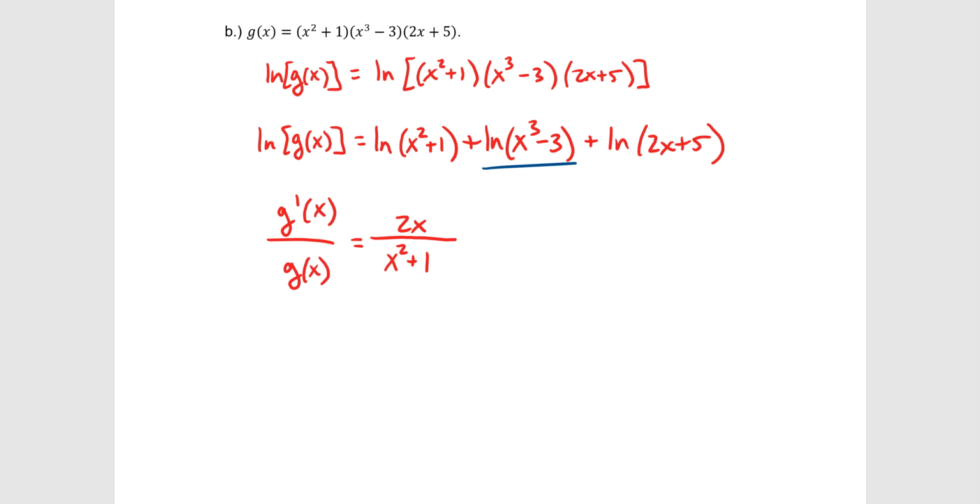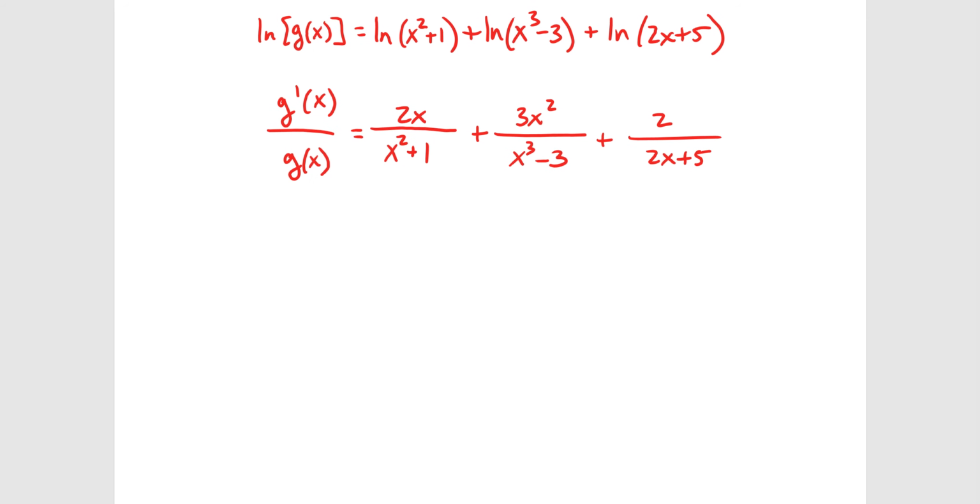Next term, we have the derivative of the inside, which is 3x squared over itself. Then we have this last term, derivative of the inside, derivative of 2x plus 5 is 2, divided by 2x plus 5. So pretty repetitive is the last one.